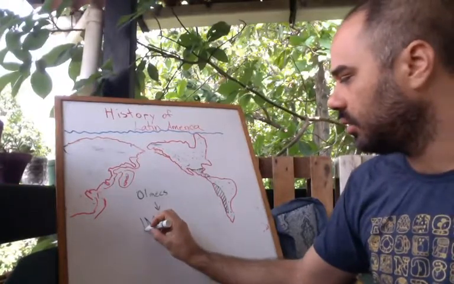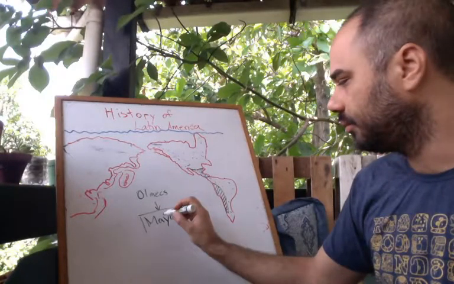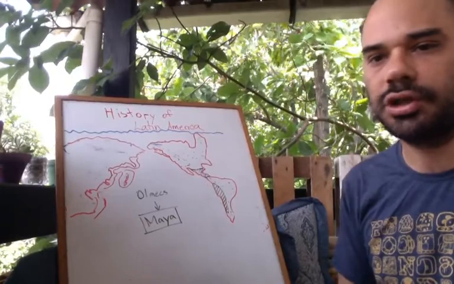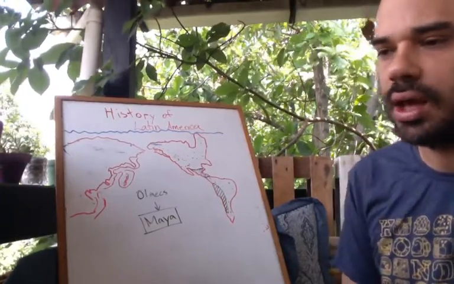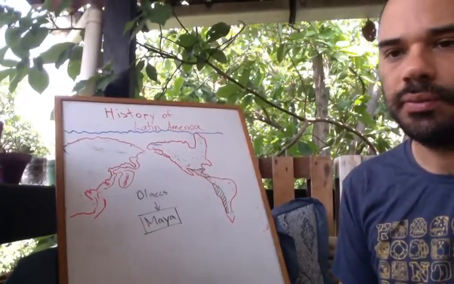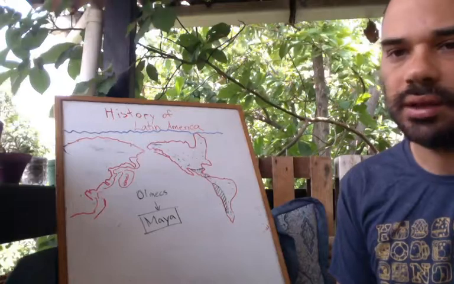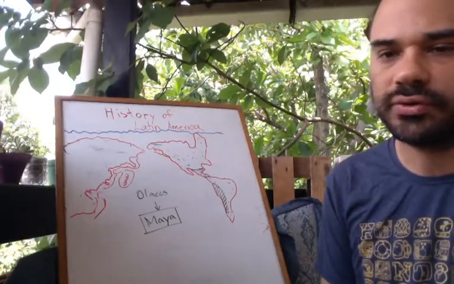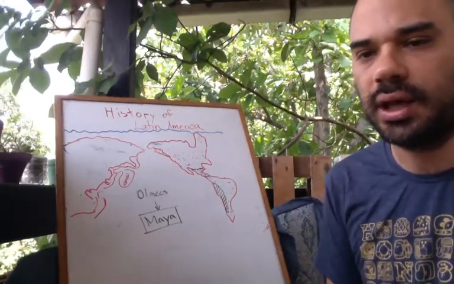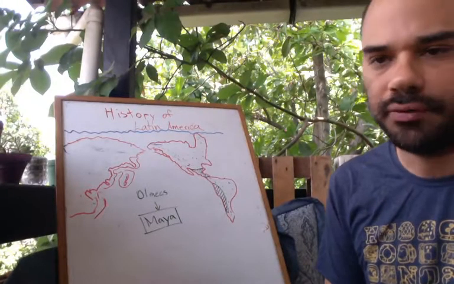And the Maya, their area of influence was the jungles of the Yucatan Peninsula, of Guatemala, Belize, the western part of Honduras, and the western tip of El Salvador also.